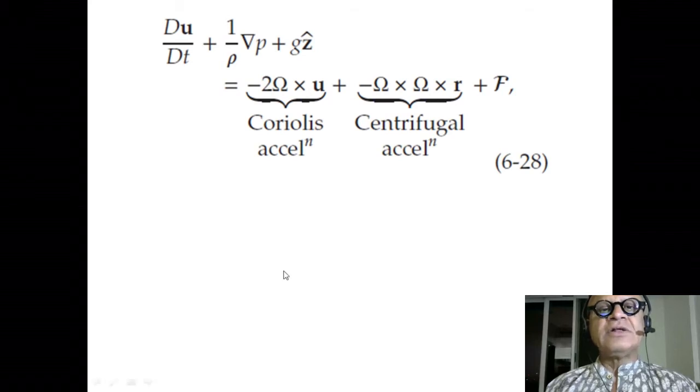And let's look at this equation now by adding our Coriolis acceleration and centrifugal acceleration. Du dt plus 1 over rho grad p plus gz minus 2 omega cross u minus omega cross r plus F. We just took things to the other side.